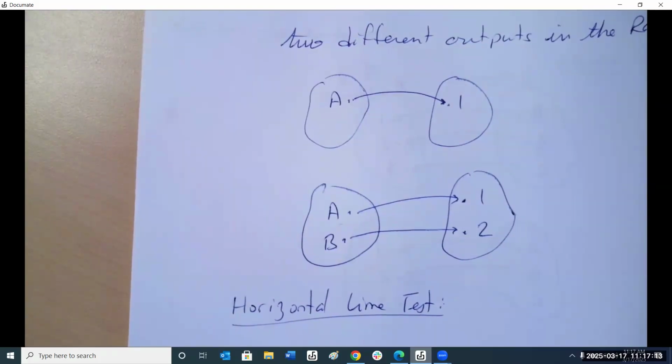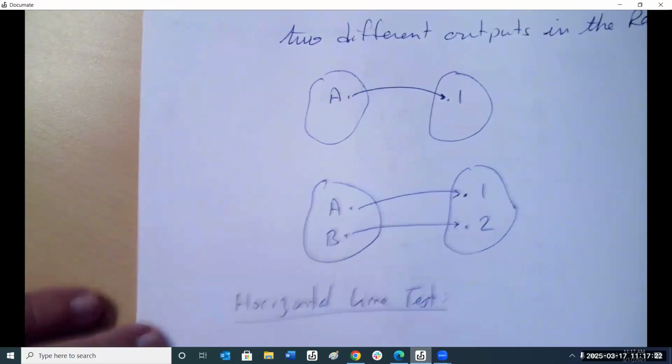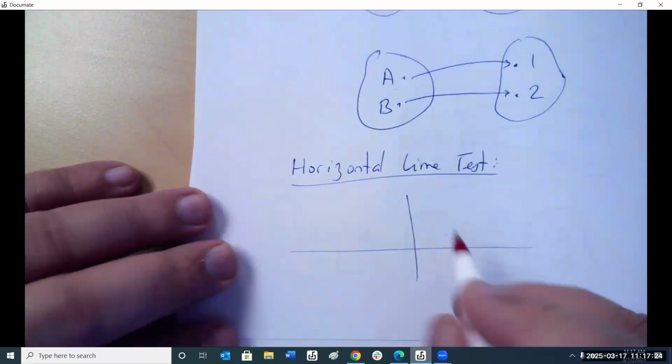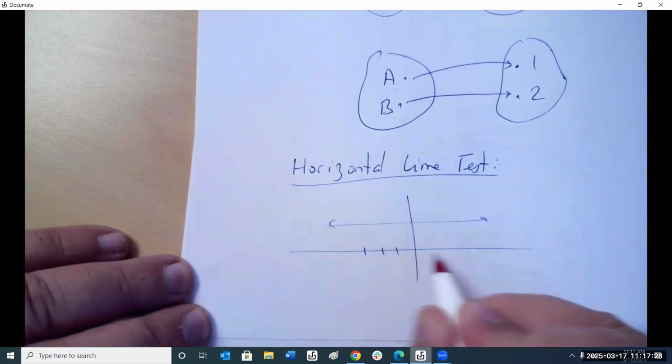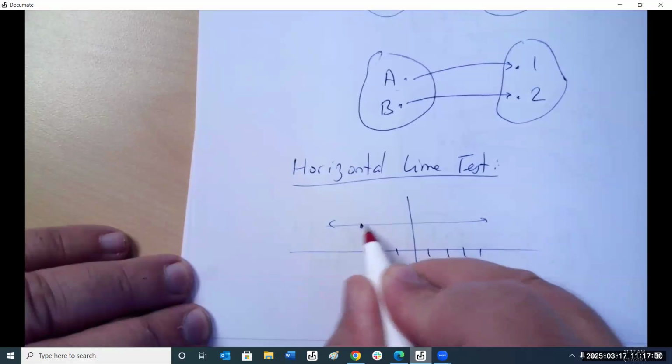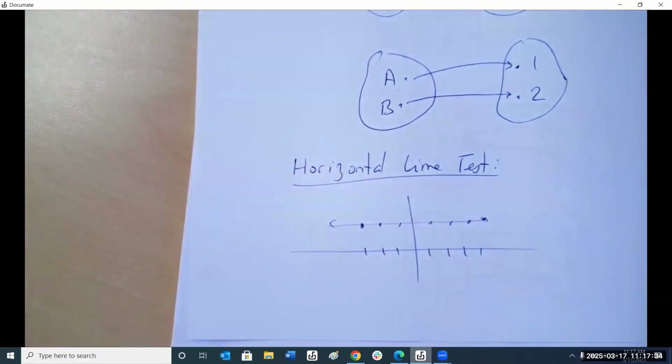If you have an equation y equals 1, is that a one-to-one function? Yes. Okay. Because for every X value you put in there, is that X happening more than once?